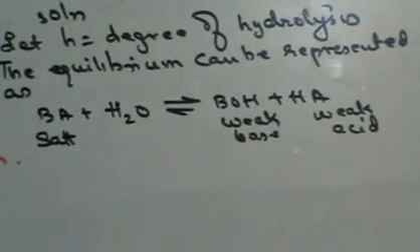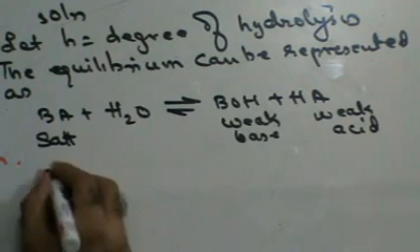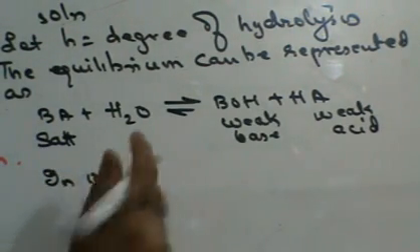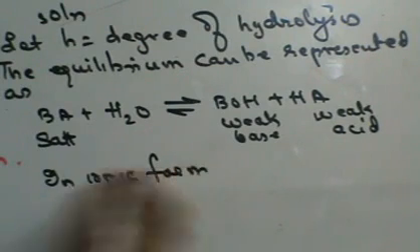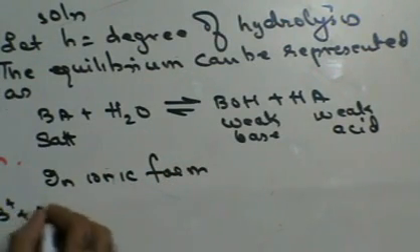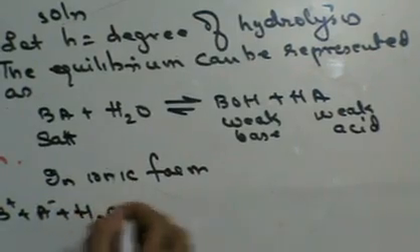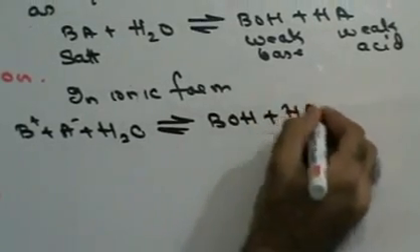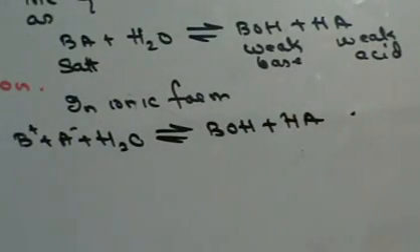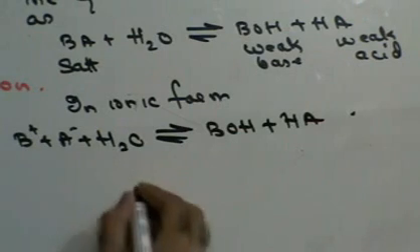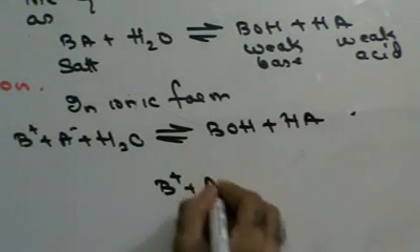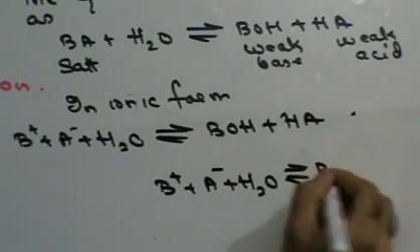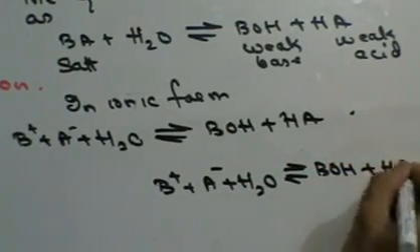Now in ionic form, I can say that B plus plus A minus plus water will reversibly give you BOH plus HA, weak, will not dissociate.